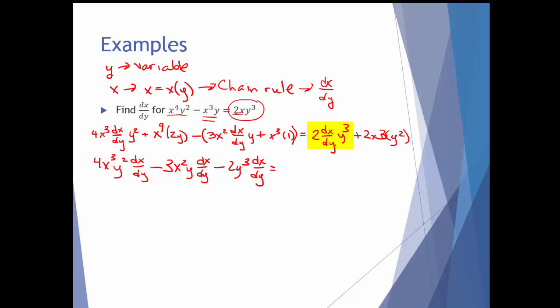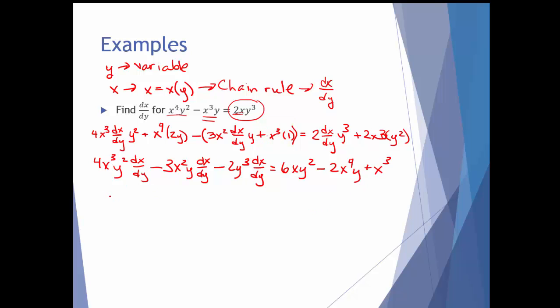Currently on my right side, I also have the 2 times the 3 will give me 6xy squared. And then I'm going to move over the x to the fourth times 2y, so minus 2x to the fourth y. And then on the left side, it's currently a minus x cubed, so when I move it to the right, it'll be plus x cubed.